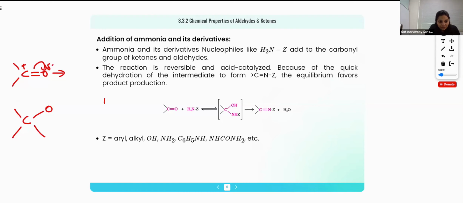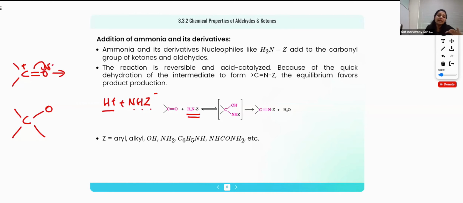This NH2Z set will split into H plus and NHZ minus, means one hydrogen will remove as H plus and the other NHZ minus group is still there.